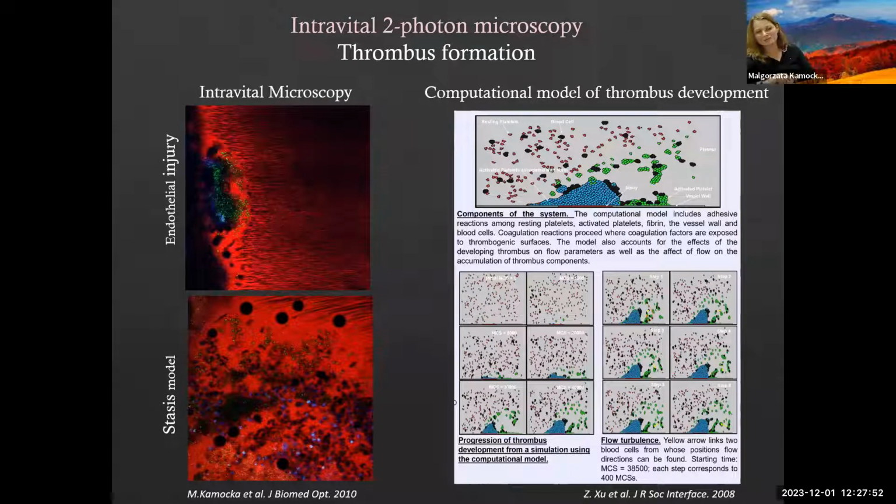And I have to tell you that at the beginning, it was really very challenging to communicate with them. It was almost like speaking a different language. But after a little bit, we really made nice progress, and we were very proud of creating this computational model. Before that one, there were some models which people generated based on ex vivo imaging of platelet aggregation, but really they were not as sophisticated, let's say it that way, as our model.